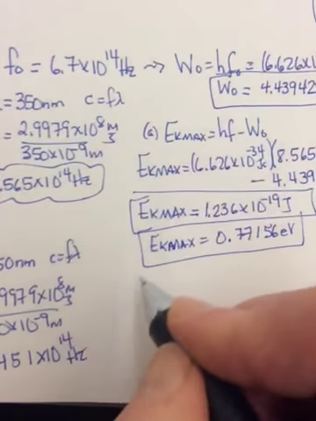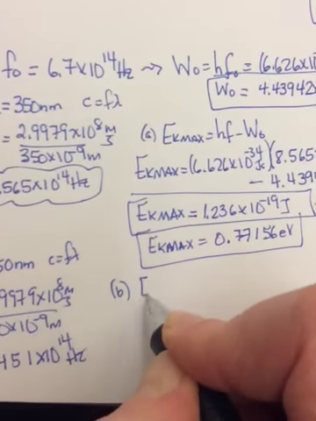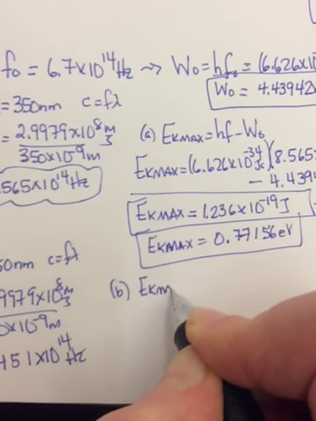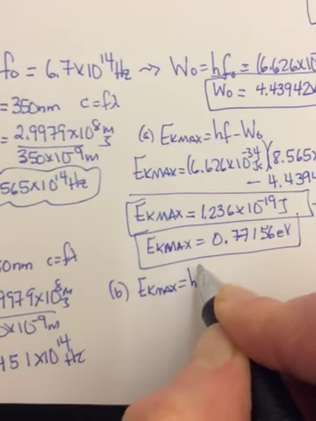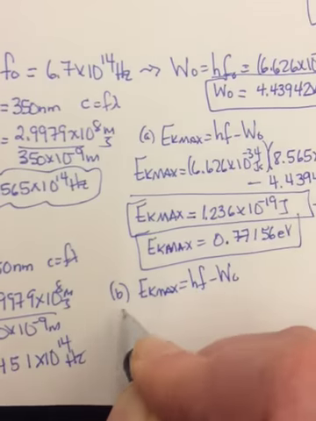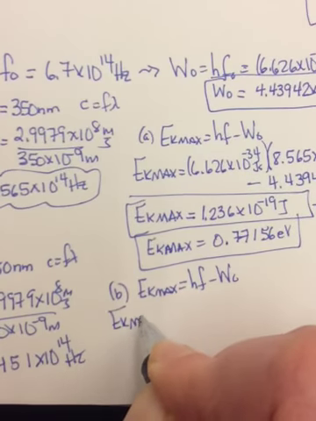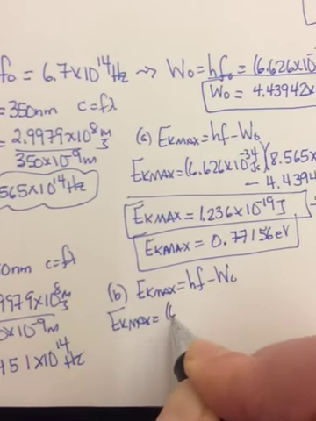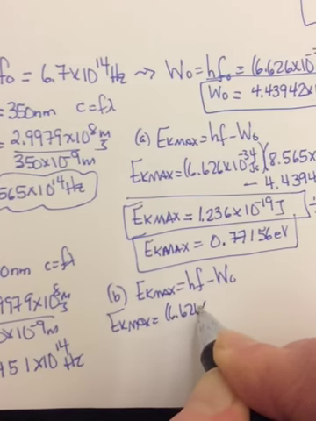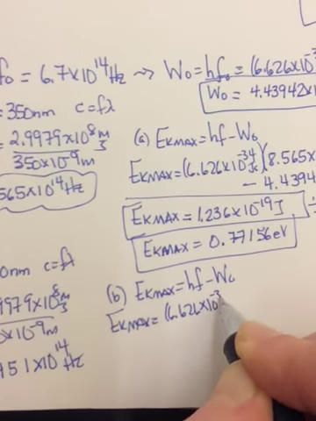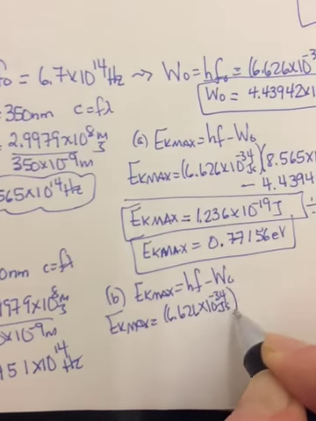So now you go back over and you do EK max again. Is equal to HF minus WO. So EK max is equal to, again, 6.626 times 10 to the negative 34 joule seconds.